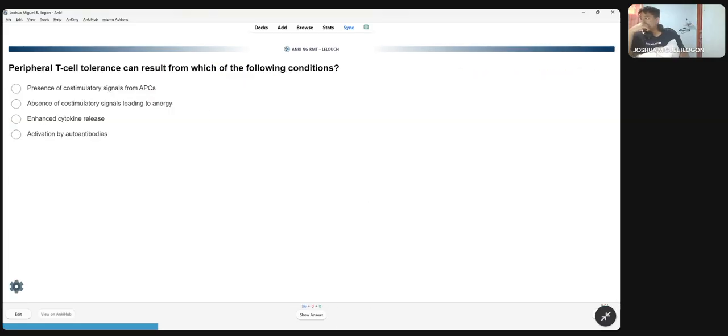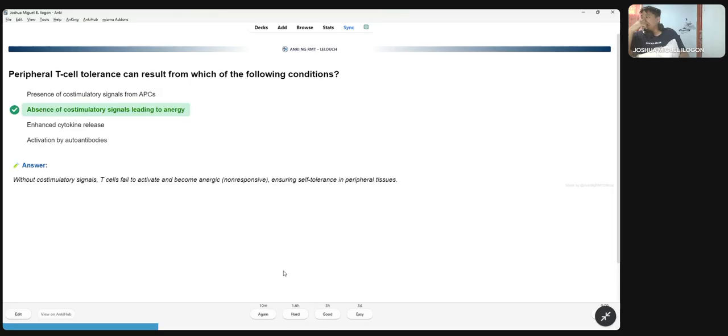Yes. Peripheral T cell tolerance. If it's peripheral, is this one? Yeah, anergy.